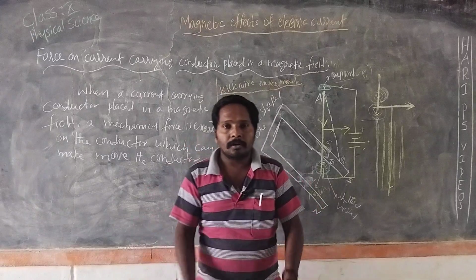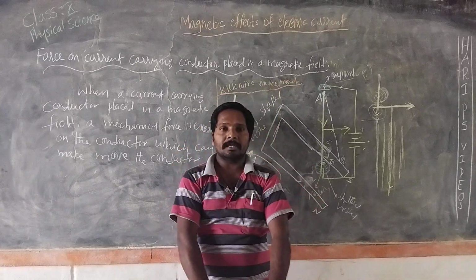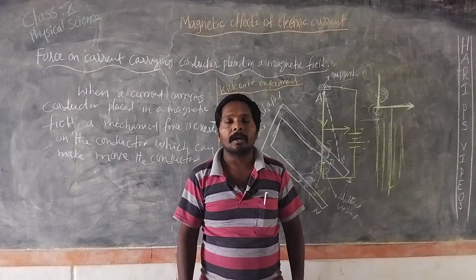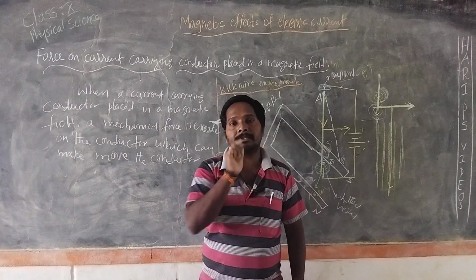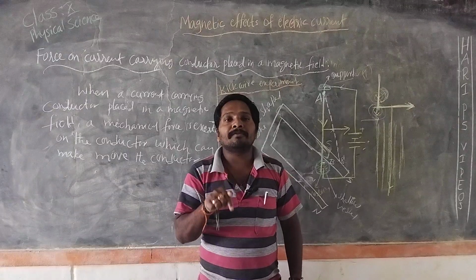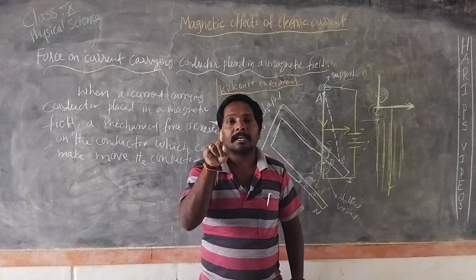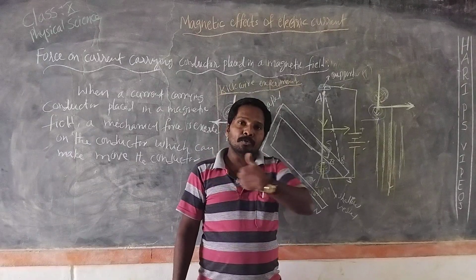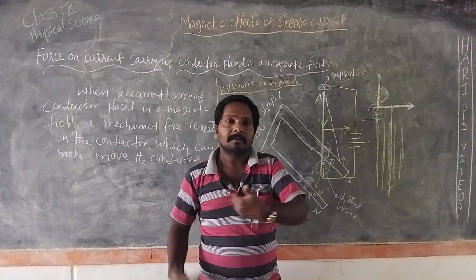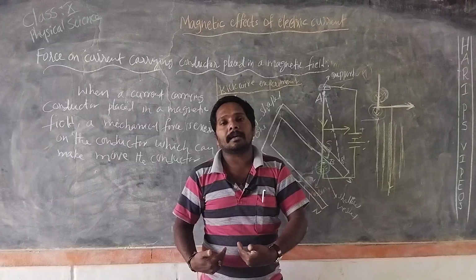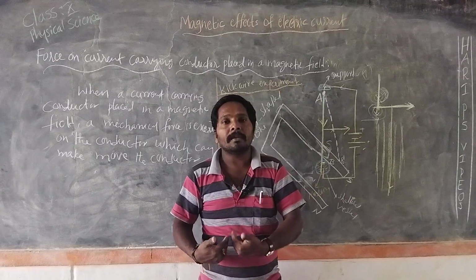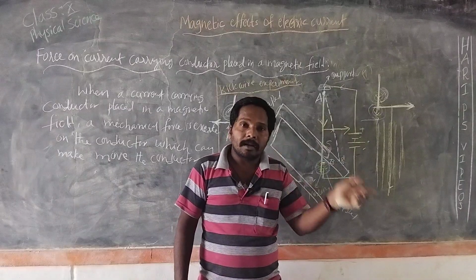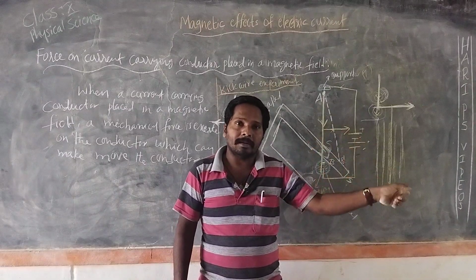Now understand. If the current carrying conductor is vertically down, the magnetic field is formed left to right, meaning your left, not my left. Then the conductor moves in the right direction, meaning your right.